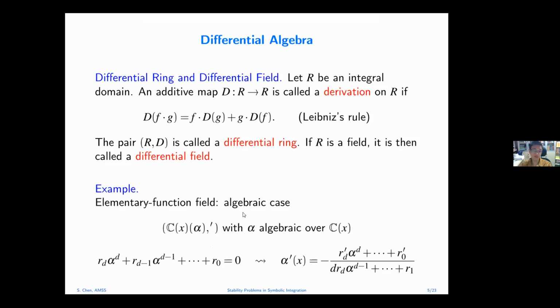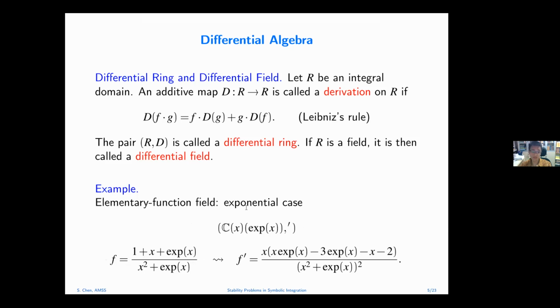And also for more general cases, like a finite algebraic extension, you can also define a derivation. Take the minimal polynomial satisfied by this algebraic function. Then there is a formula which helps you to evaluate the derivative of this algebraic function uniquely. So the derivative of alpha is uniquely determined by the minimal polynomial.